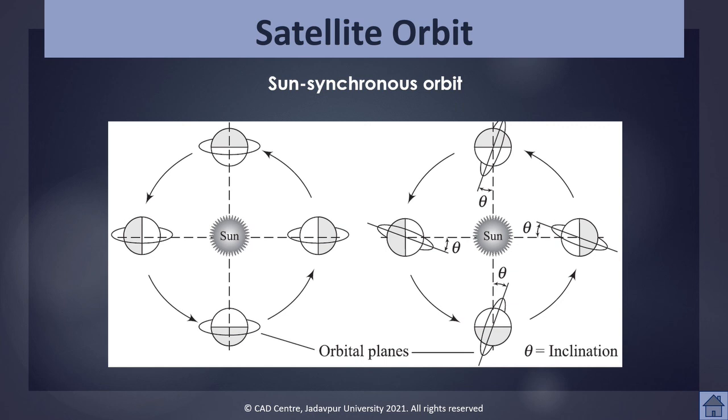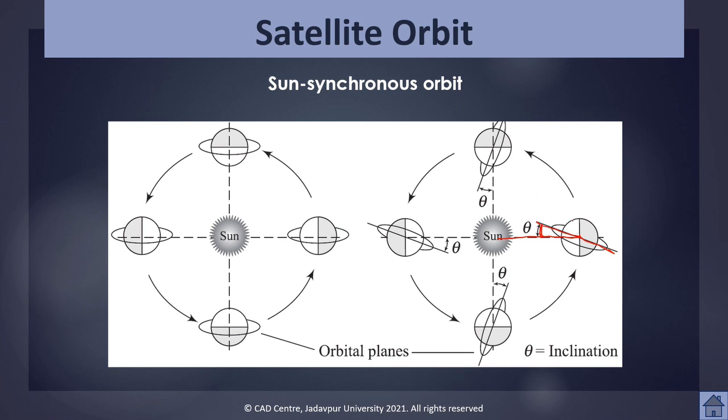But in case of remote sensing satellites, for each and every satellite we have a small rocket booster, and periodically these rocket boosters are ignited to rotate the orbit so that the angle in between the orbital plane and the sun earth connecting line maintains a constant value or constant angle.